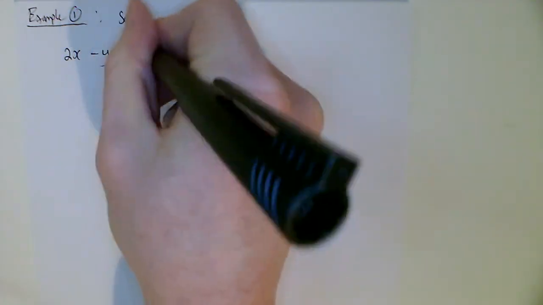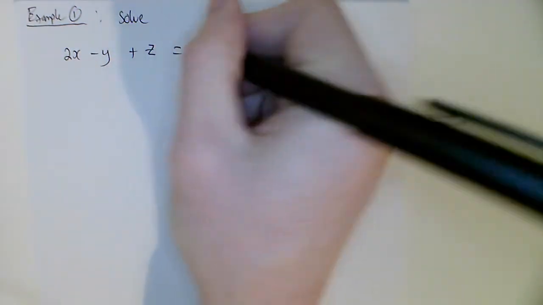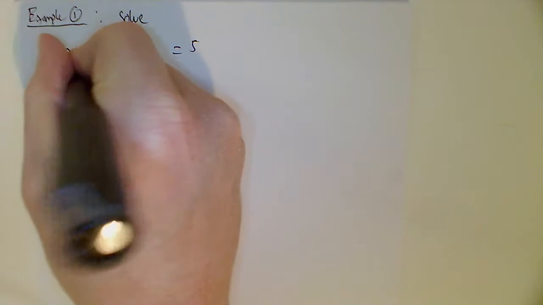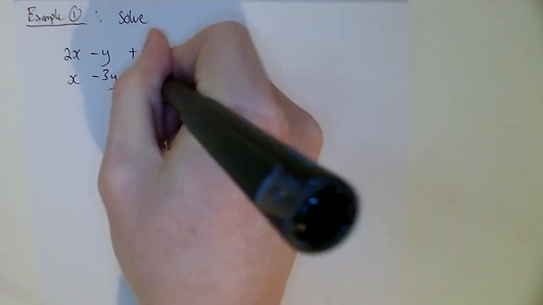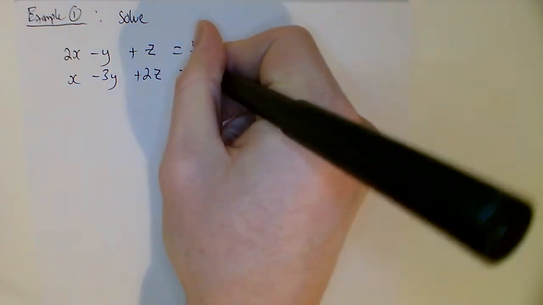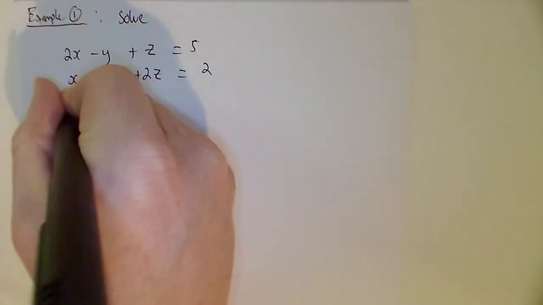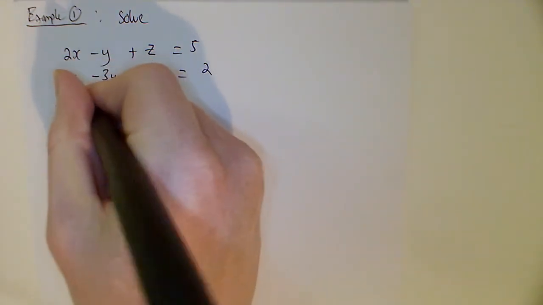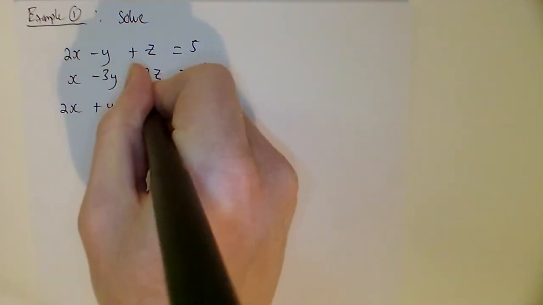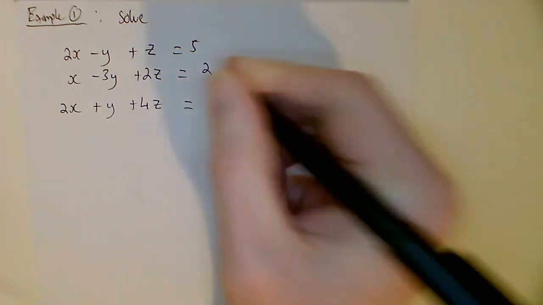Solve 2x take away y plus z equals 5, x take away 3y plus 2z equals 2, and 2x plus y plus 4z equals negative 3.